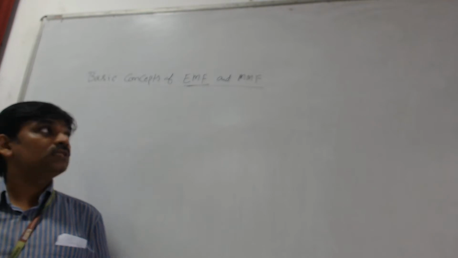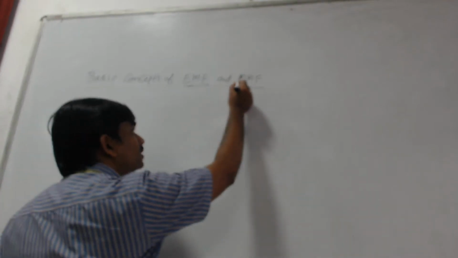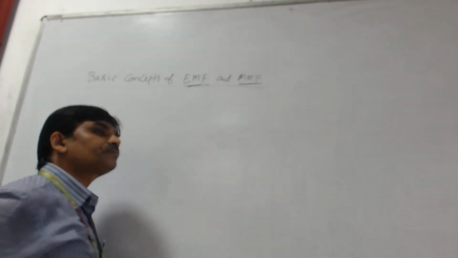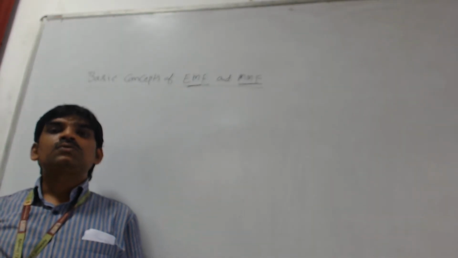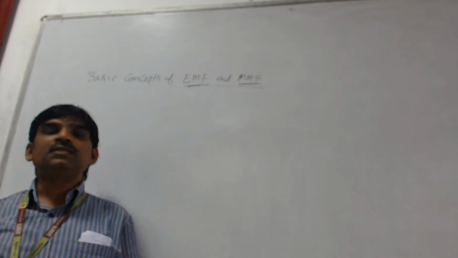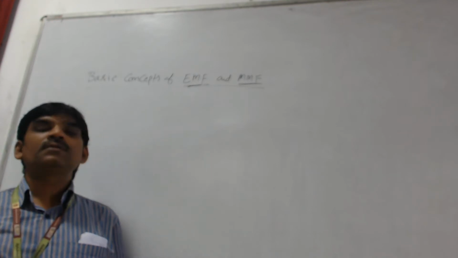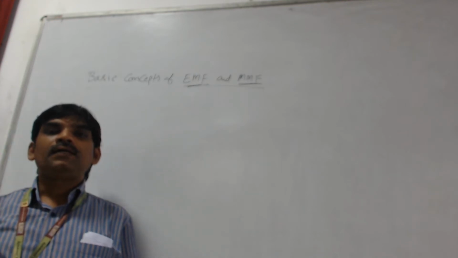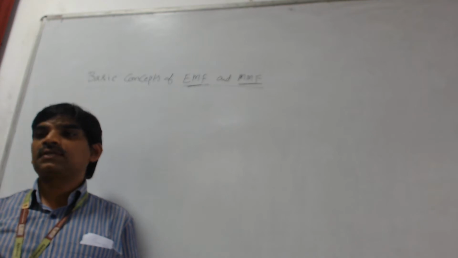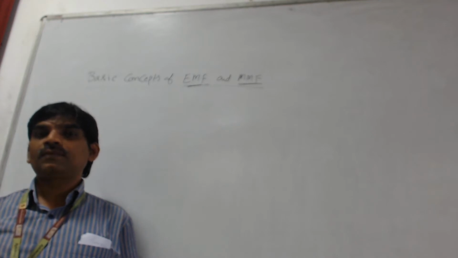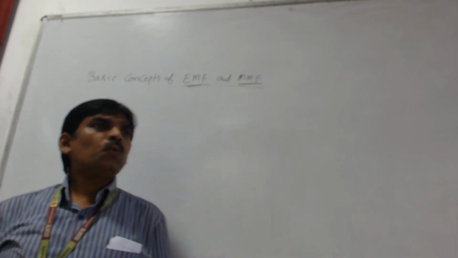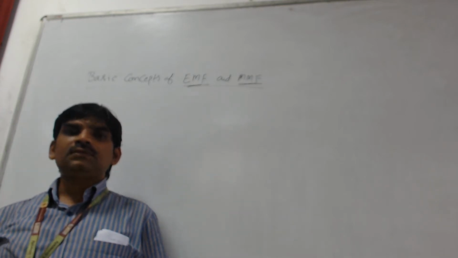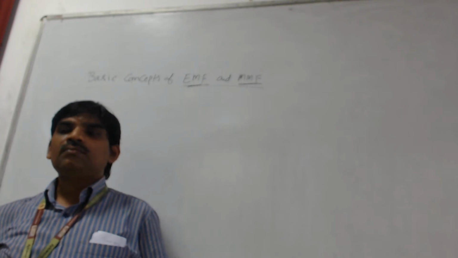So these are the terms I have to explain now. Before explaining these two terms, I am going to explain what an electric circuit is, and what the difference is between an electric circuit and a magnetic circuit.